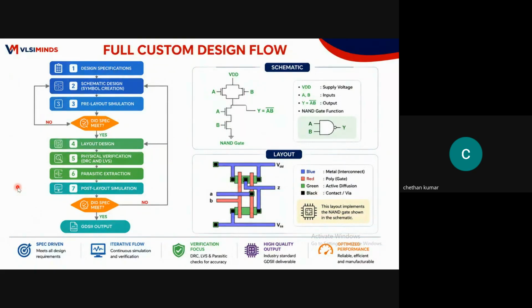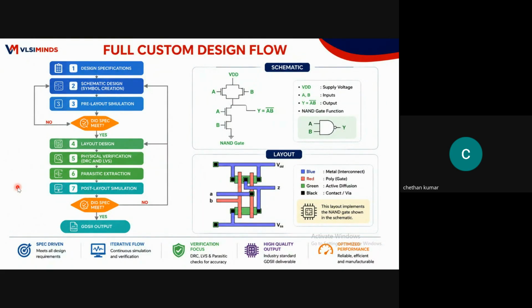Full custom is mainly used for analog IPs, that is, analog designs.